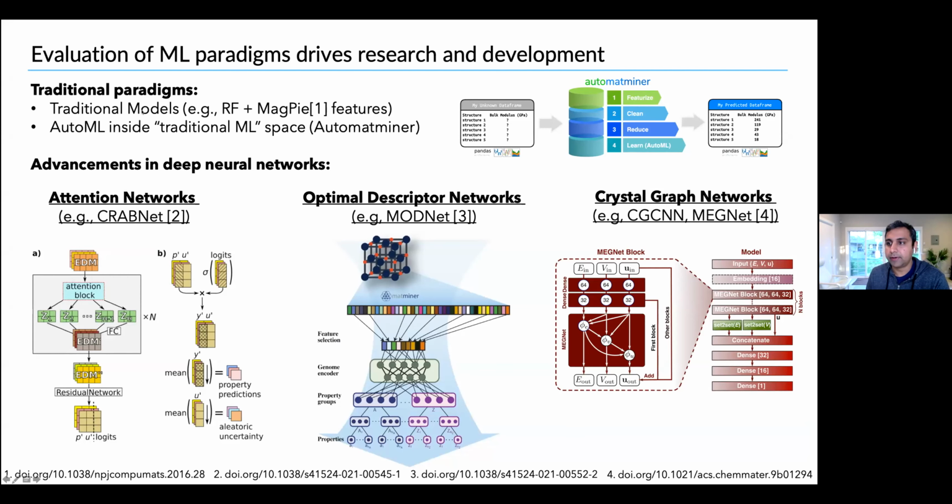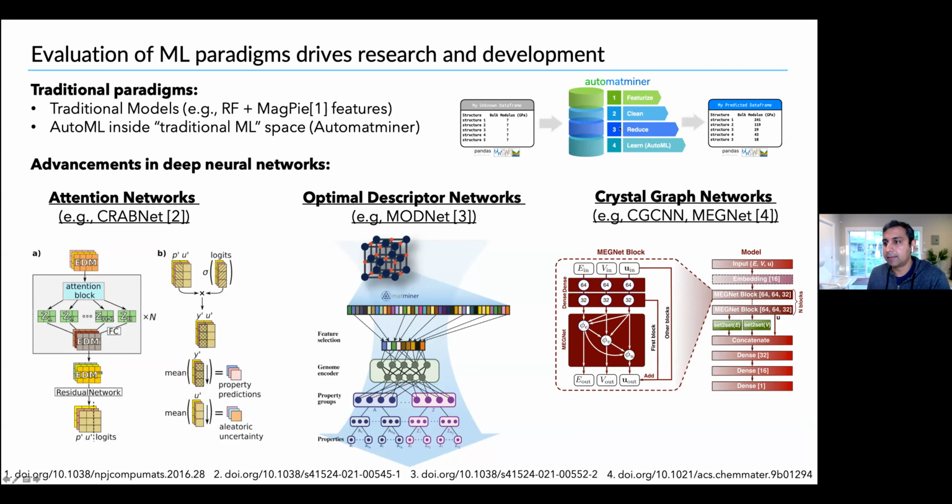Then in addition to that very traditional model, we also have an AutoML model called AutoMatMiner. This is a lot like the traditional model, but amped up a little bit. In addition to the Magpie features, AutoMatMiner uses pretty much the entire library of descriptors that's available in the MatMiner package. I mentioned there are thousands of descriptors that you can generate, so it actually generates many, many descriptors automatically for a given problem, given the data set.